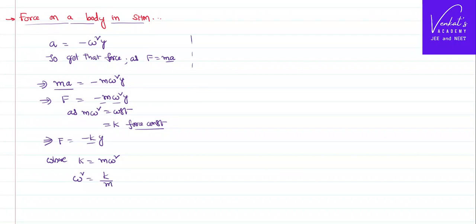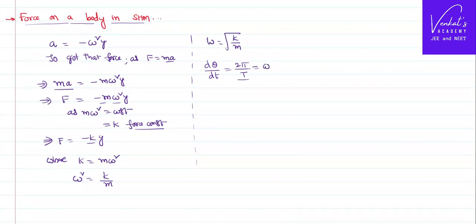Further, I can write omega as square root of k by m. Omega is angular velocity, that is the rate of change of angular displacement, d theta by dt. When one rotation is completed, d theta is 2 pi, dt is the time period.